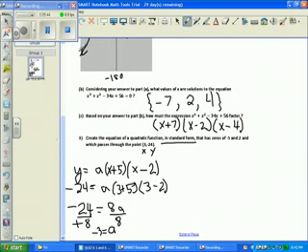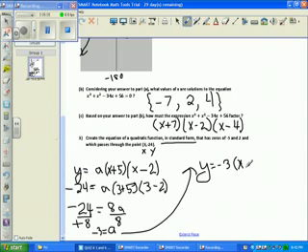So now we have to go up and plug that negative 3 in for the a in the general equation. So that becomes more specific now. Y is equal to negative 3 times the quantity x plus 5 times the quantity x minus 2.